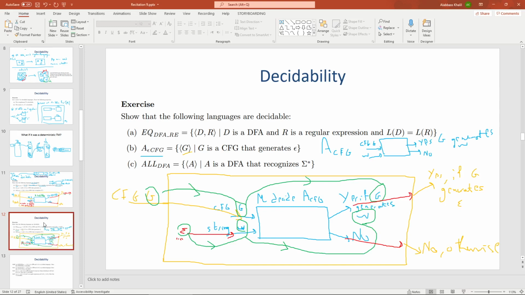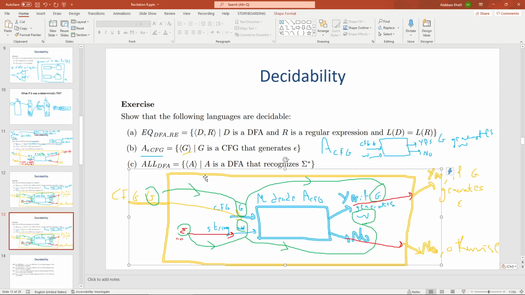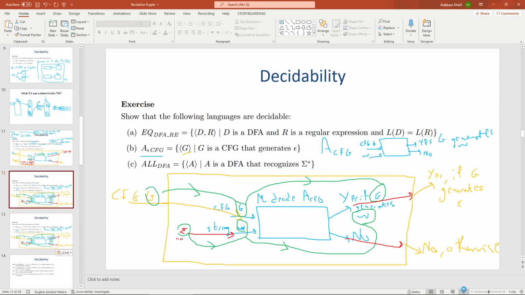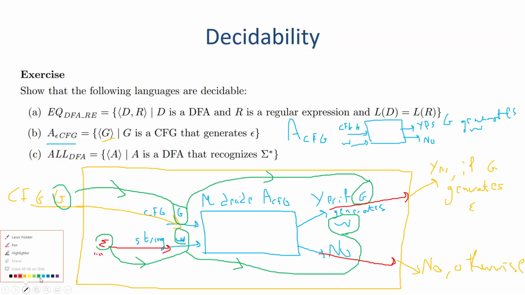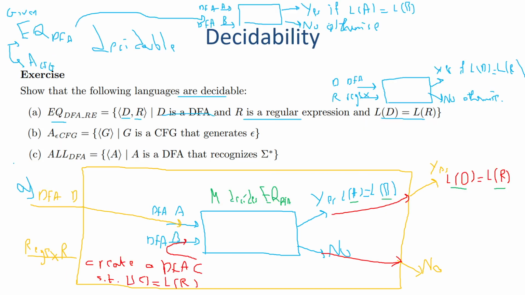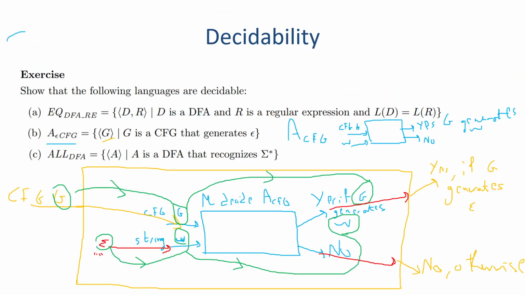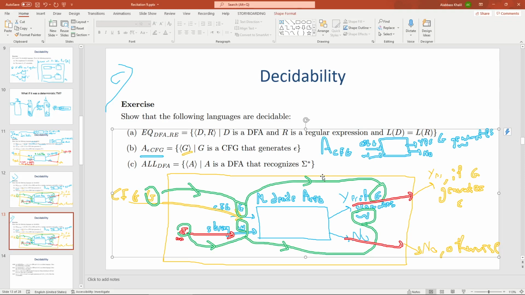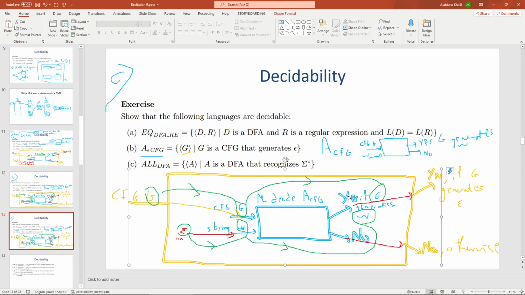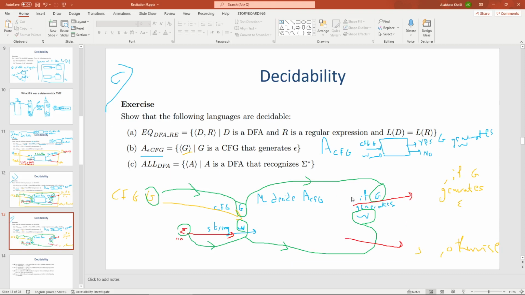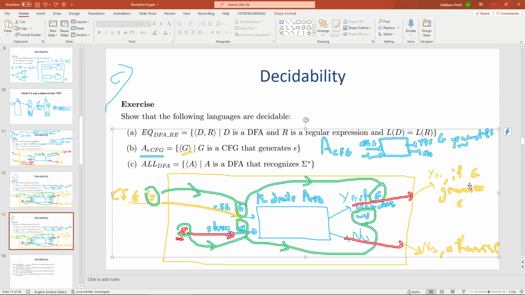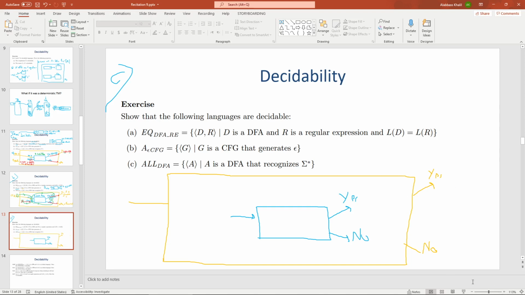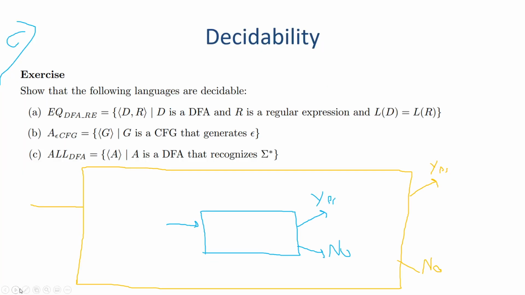One more. So part C. Here this was B, and before we did part A. Now we'll do part C. How will we do part C? Well, take a moment to think what you need to use here.